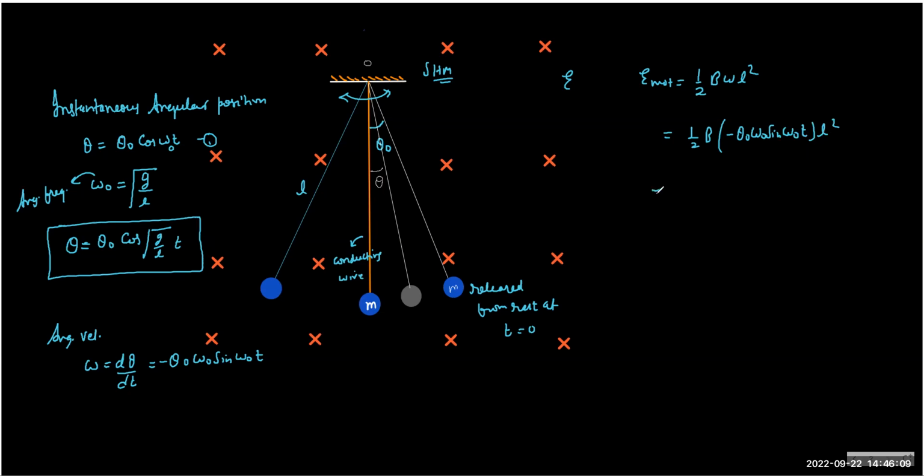So this has been a common practice, and okay, we'll just add the value. I mean, don't write the sign. Sign we can decide on our own. So this turns out to be B theta naught omega naught L square by 2 into sine omega naught t.